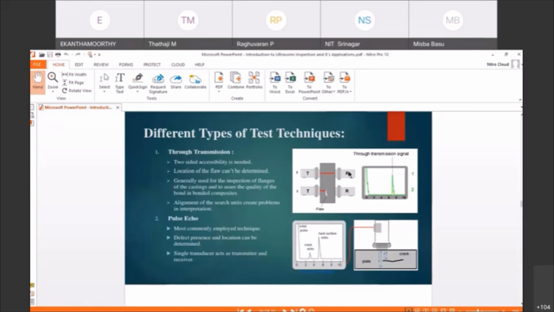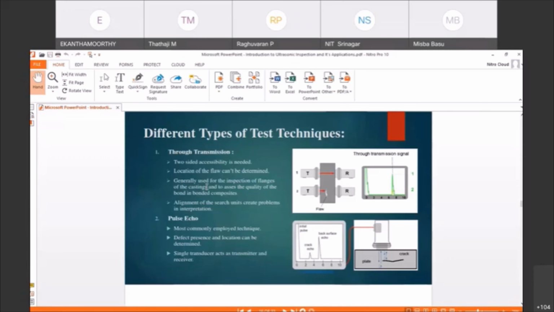The main purpose is to check the bonding only; it's not suitable for detecting flaws. Alignment of such a unit also creates a problem. Generally this technique is used for inspection of flanges of castings and assessing the quality of bonds.